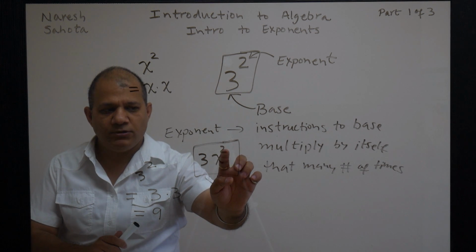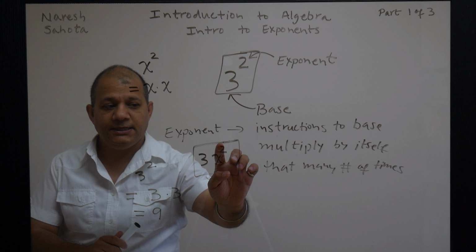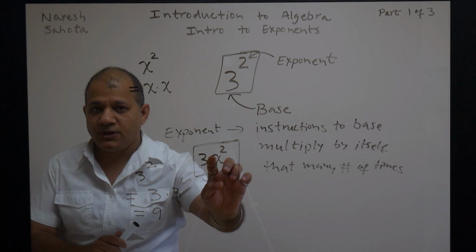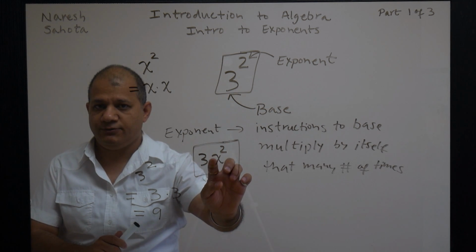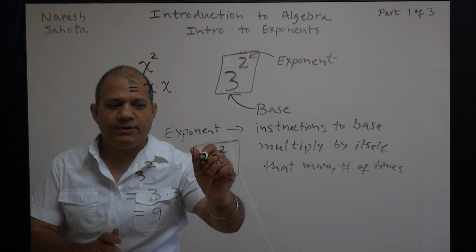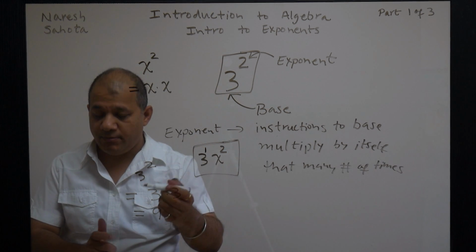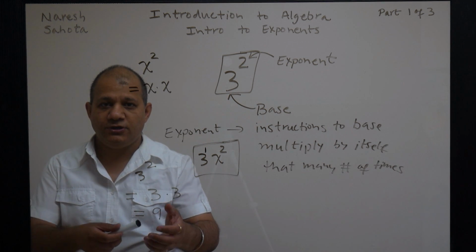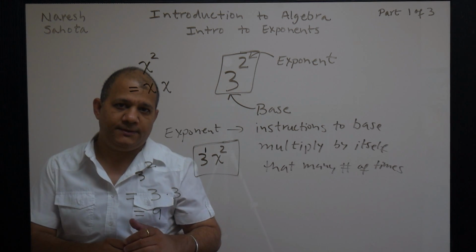So the exponent applies to the base that immediately precedes it. So the 2 applies to the base that is just before it, right? So 3 is also a base, but it's not before the exponent of 2, right? So 3 also has an exponent. It has an exponent of 1. So we don't bother writing that 1. So by default, it is understood that when there is no exponent on the base, the exponent is 1.